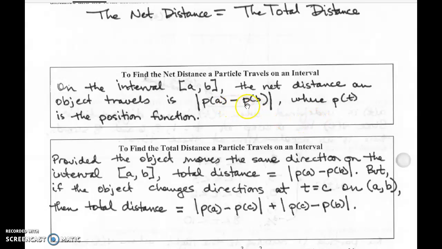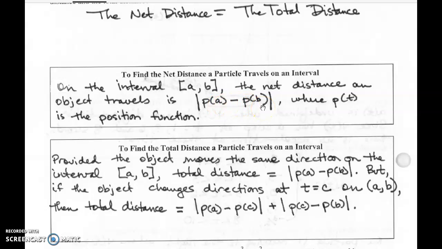And notice that the absolute value here is just in case. Well, what if you went backwards? Well, then you'd get a negative answer. But just like with absolute value, distance is always positive. Distance needs to be positive. So that absolute value is in there only if you went in the negative direction.